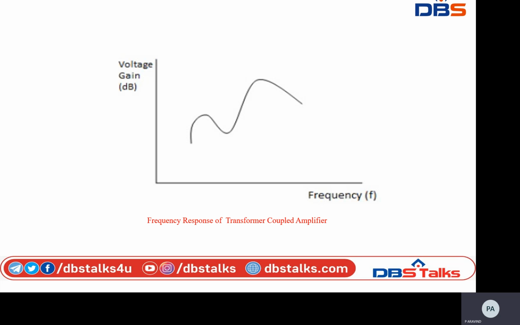In the last class, you have seen the frequency response of RC coupled amplifier. There is a flat response over a range of frequencies. But in the case of transformer coupled amplifier, the gain is constant only for a small range of frequencies.